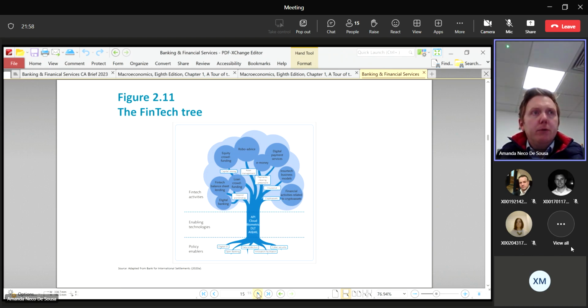Then at the bottom of that fintech tree, you see the policy enablers, or effectively what government or the regulator does, whereby ensuring policies and procedures are in place to ensure your data is protected when you're utilizing a service at the top of the fintech tree, and ensuring that there is proper protection provided against cyber attacks, for instance, and that your data is safe.